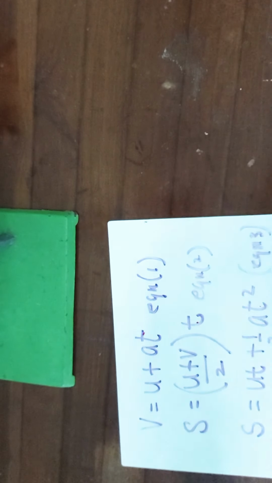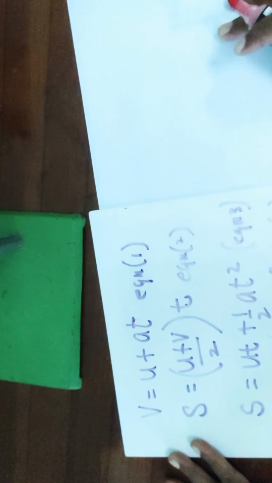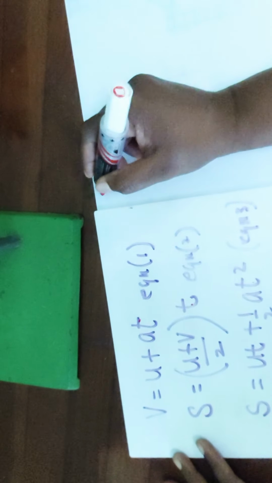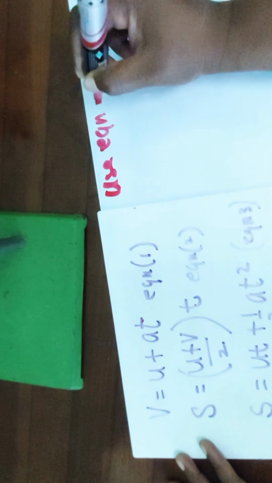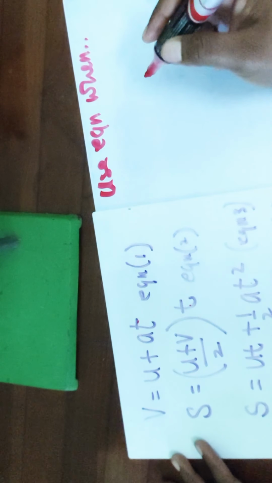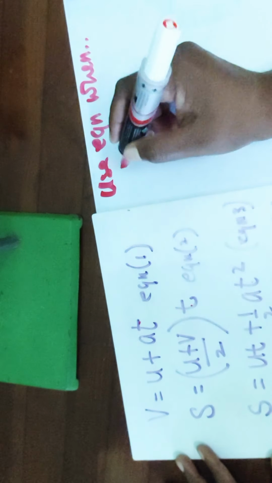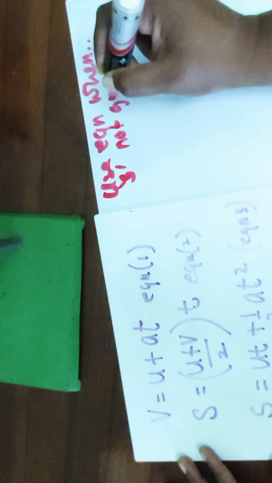So let's summarize this. We have v equals u plus at. We use the first equation when s is not given.